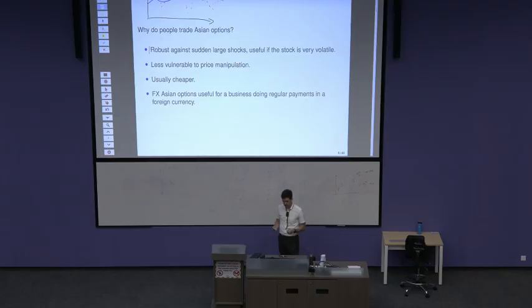This can be desired. One effect is that it's more difficult to manipulate the outcome, the average value. Manipulation of stock prices is quite difficult, of course, but not impossible, and there are a couple of historical situations where prices have been manipulated.